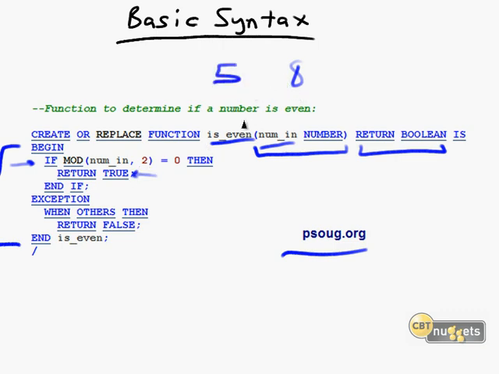Now if we were to run this function passing in 5 as its argument, 5 divided by 2 is 2.5. The mod or remainder is not going to be 0. So in this example, it's a simple if-else clause. Either the number evaluates to true based on this if block, or in any other case, in the exception block, we're returning false. Bottom line. And then we're passing out of the function the value.